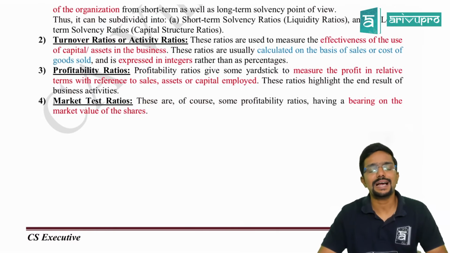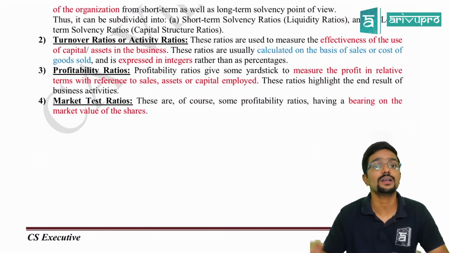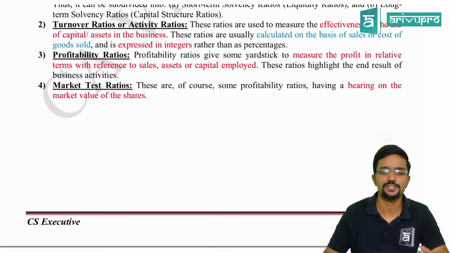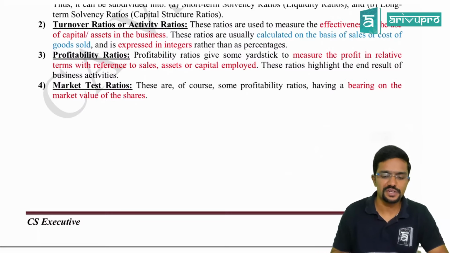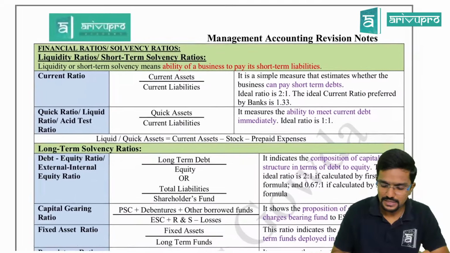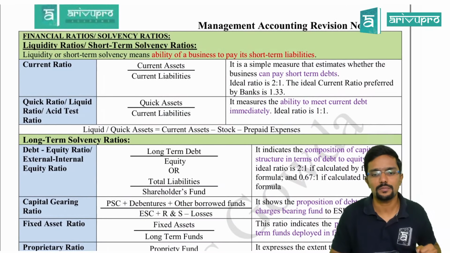Here we will calculate different profitability ratios by comparing with different bases like sales, assets or capital. Next, market test ratio. Here, using market related information, we will calculate a few ratios. So what are those ratios and what is the formula for each? We will see it now one by one.